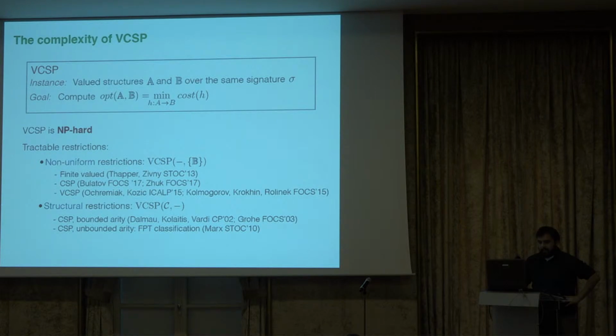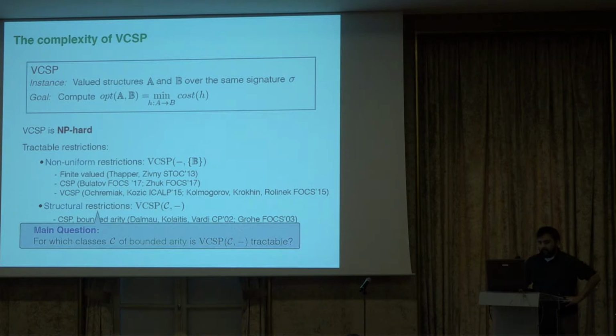For the general case, it's not that clear, but at least there is a classification for fixed-parameter tractability. For the case of VCSP, it is not that clear, and that's the main motivation of this work. We will focus on the case of bounded arity. So the main question is: for which classes C of bounded arity is VCSP of C tractable? That's the main question.